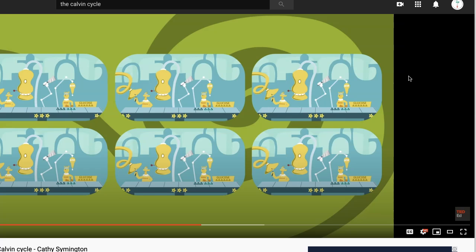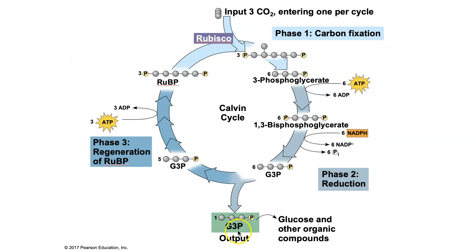So if we want to make glucose, a 6-carbon molecule, we need twice as many. So instead of 3, there are 6. And then this will make one glucose molecule. You don't have to know the details of that, but this is a great video to take a look at so you can see what I'm talking about. Essentially, to make one of these G3P, there are 3 of these cycles happening. If I want to make that glucose, I need 6 of these cycles happening.